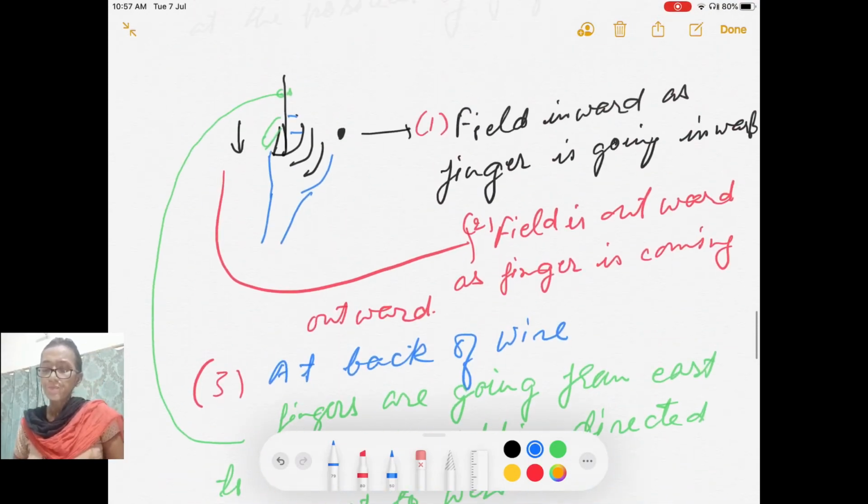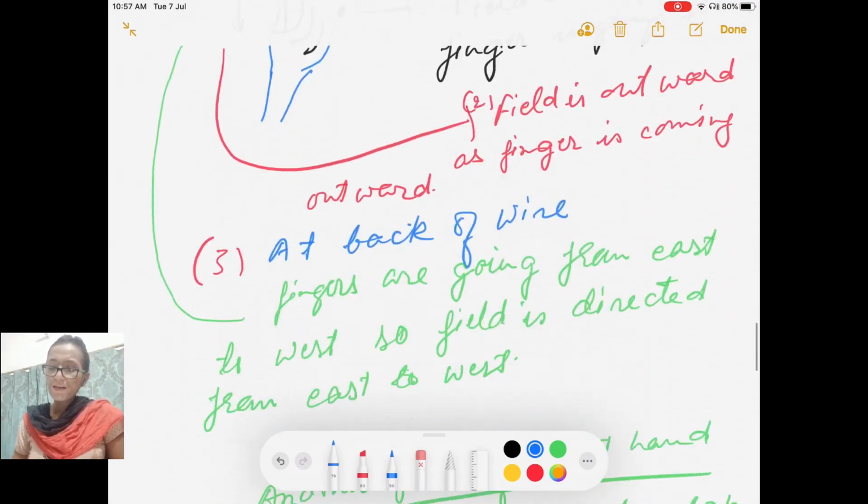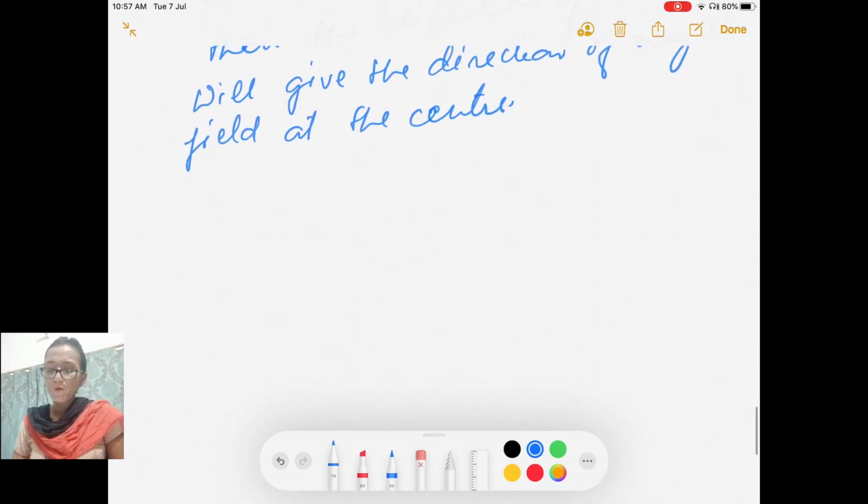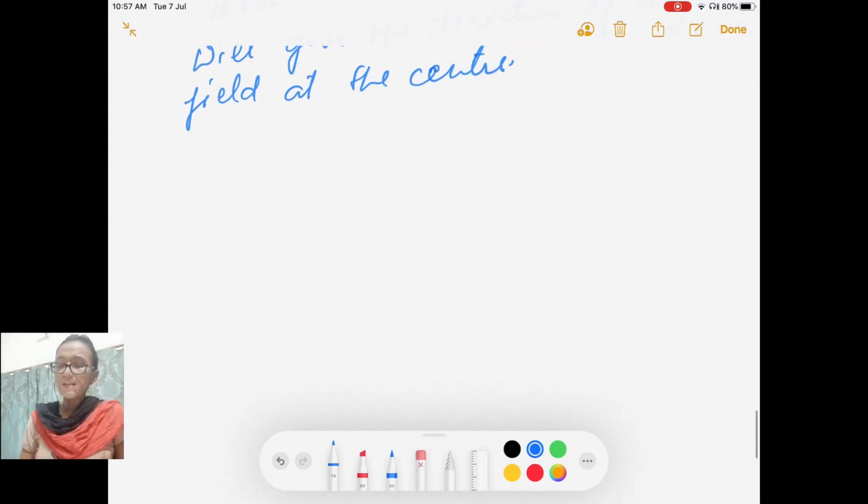So this was the right hand thumb rule. There is one more rule: Maxwell's corkscrew rule.